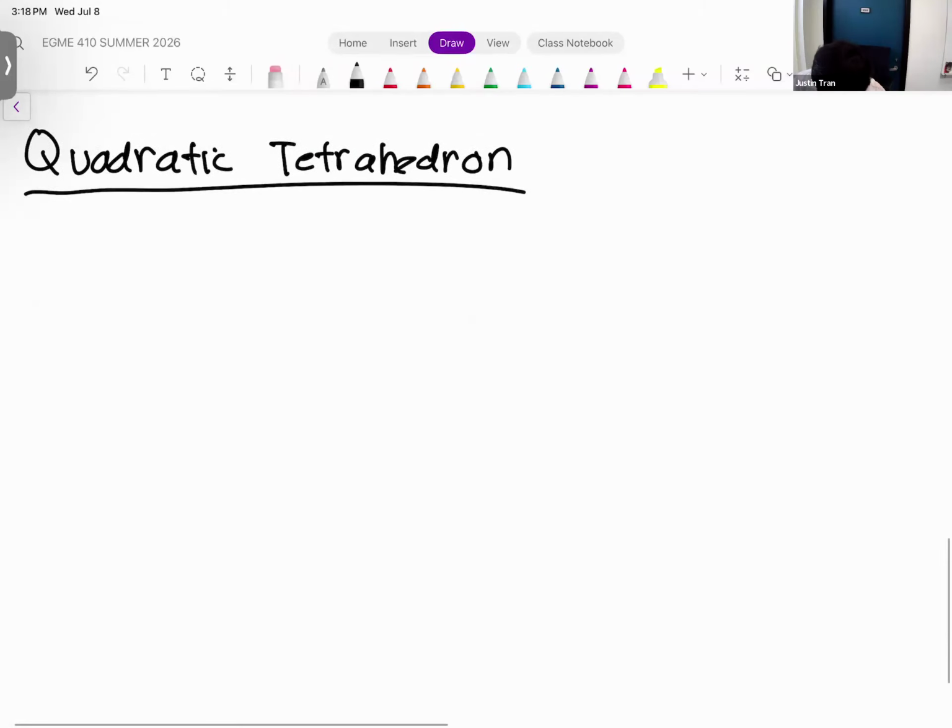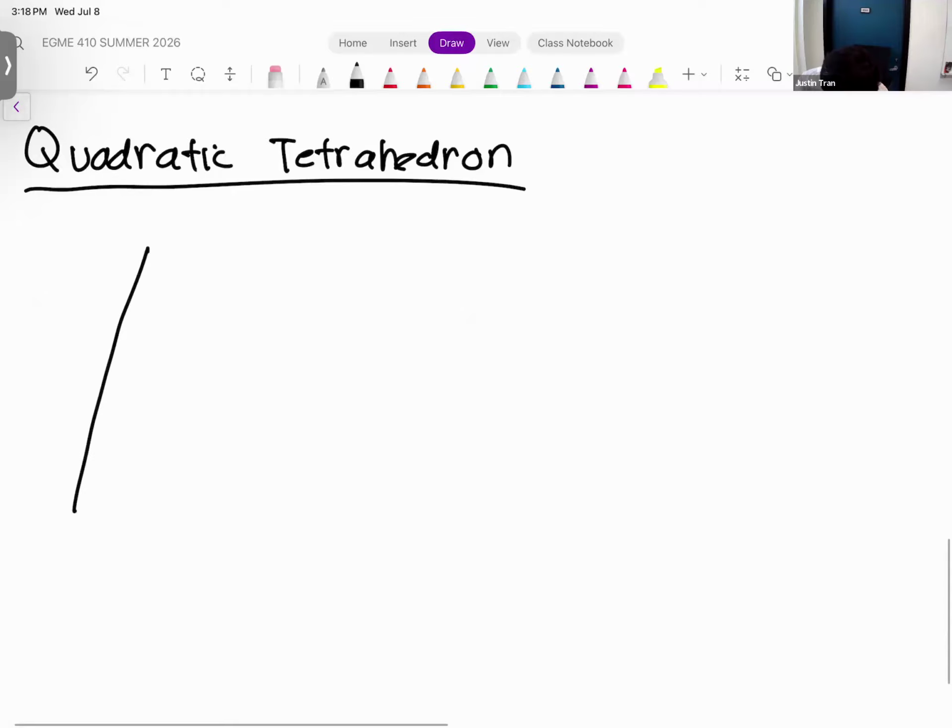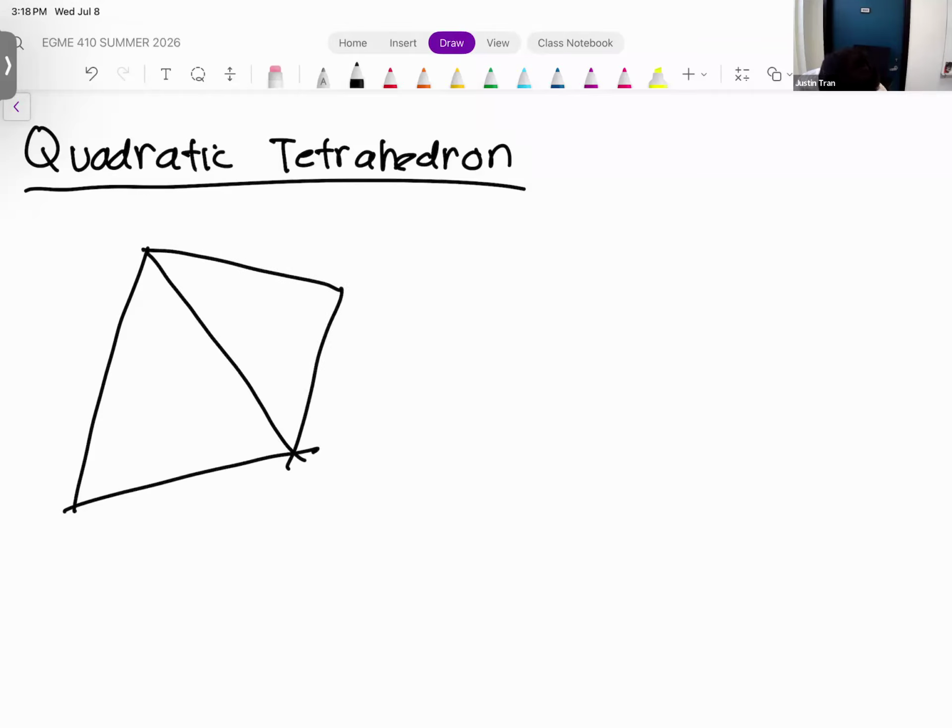And just like the quadratic triangle, we're going to start with our tetrahedron element just like this. Let's label all the corners. Then just like we did in 2 dimensions, we're going to add a mid node in between each of those corner nodes, so along each of the edges.